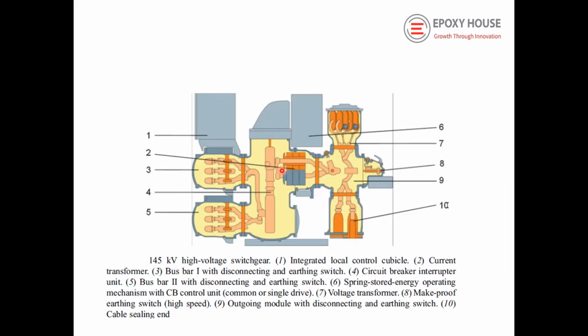If you see this one, when it is shifted from 120, this is actually the straight one. Here it is the straight one, phases R, Y, B, one behind another. But here it is twisted when it is changed. Here also it is in a straight line. So both ways it is possible to make.